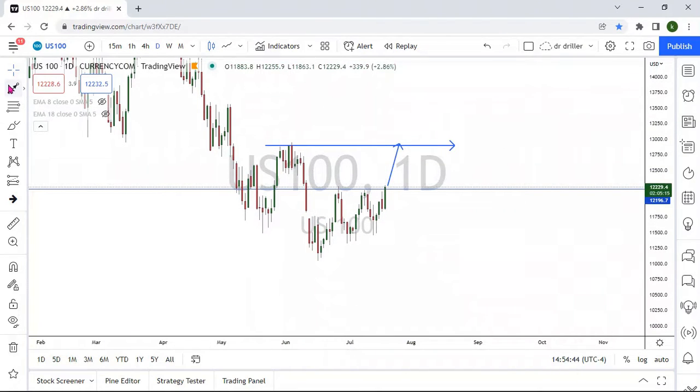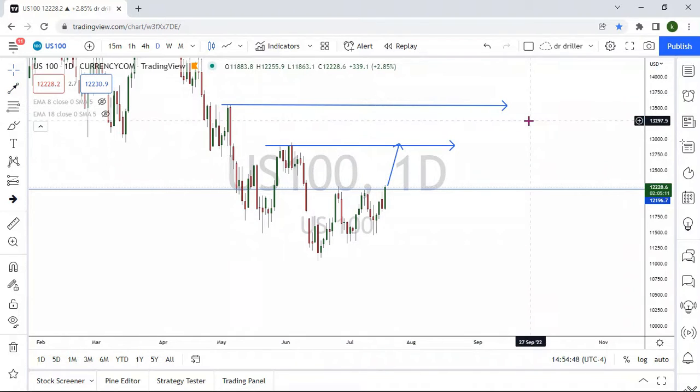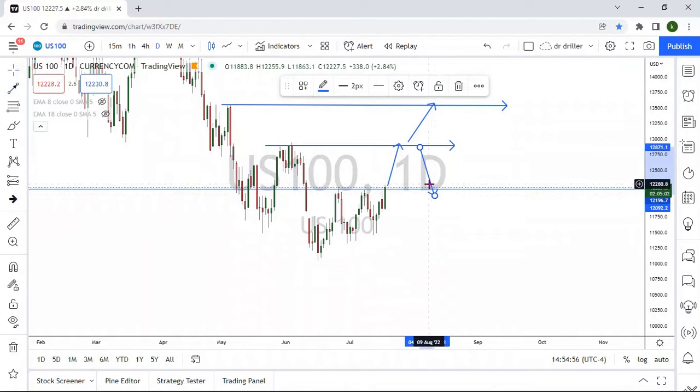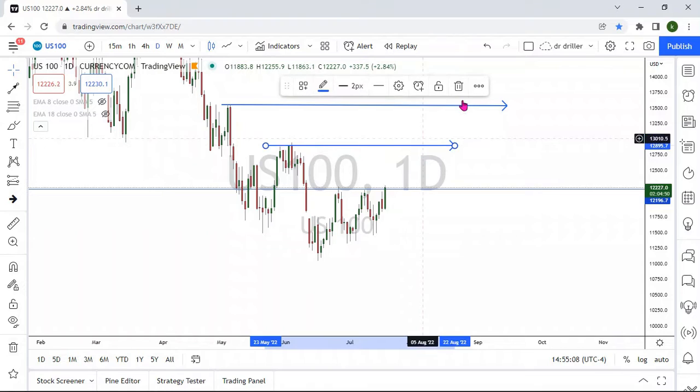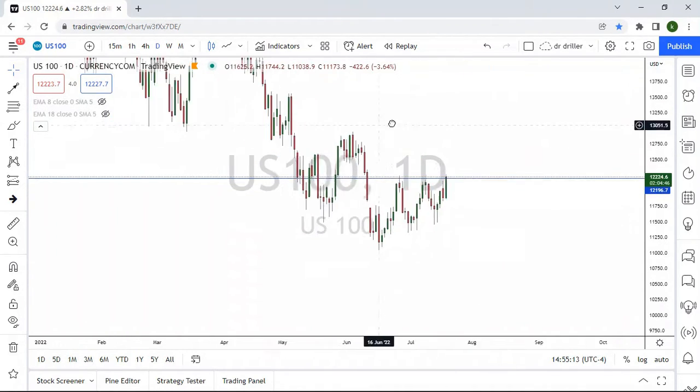After taking out that high, we wait for the price action to tell us a story, and then from history we conclude whether we're moving further upside or coming back to retest this level before going to the upside. So you just have to wait for the market to tell you what it's about to do next, then you use that to capitalize and make more money out of it. That's how it is.